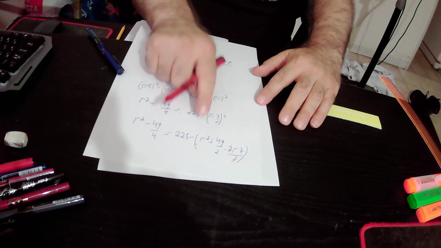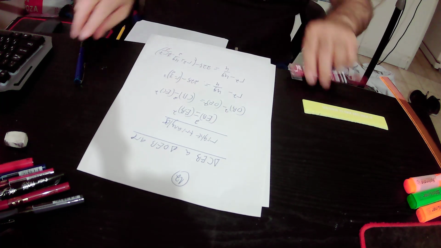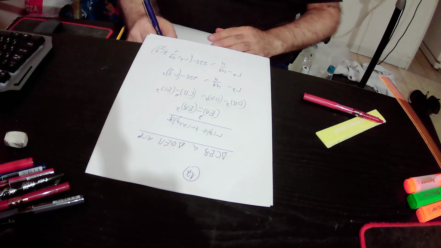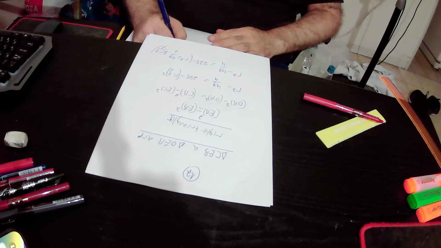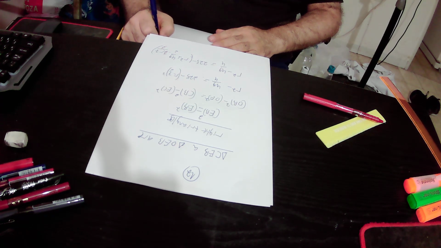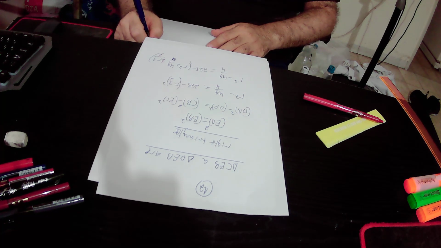And here we will open the brackets. We will get R squared minus 49 over 4 equals 225 minus R squared minus 49 over 4 plus 7R.